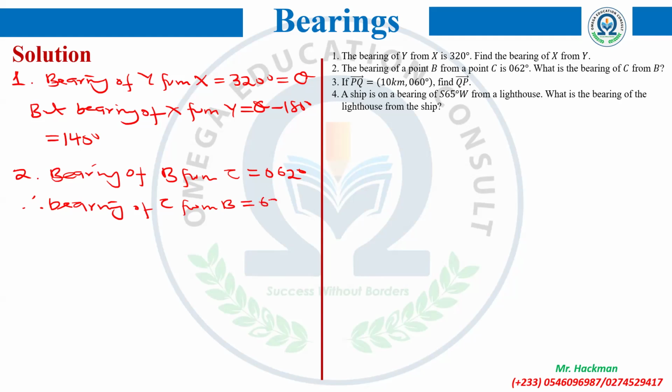So it will be 62 degrees plus 180 degrees. The formula is embedded in this. So instead of quoting the formula in terms of theta, I can quote it in terms of specific values. So that gives us 242 degrees. Don't forget the degrees.